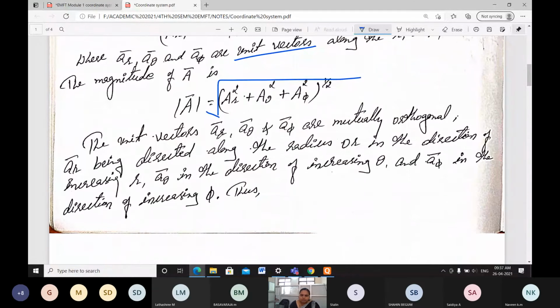Then the unit vectors a_r, a_theta and a_phi are mutually orthogonal. a_r is directed along the radius, in the direction of increasing r. Then a_theta is in the direction of increasing theta, and a_phi is in the direction of increasing phi.